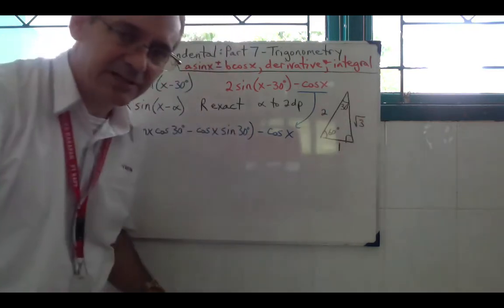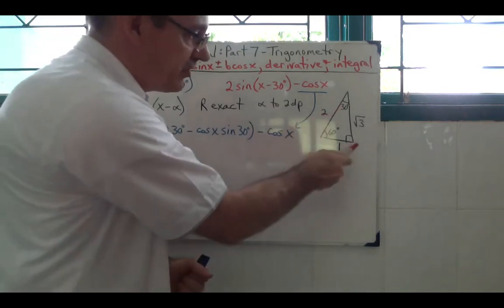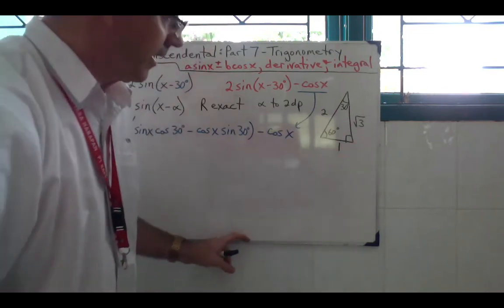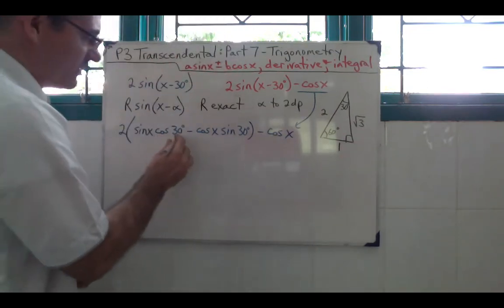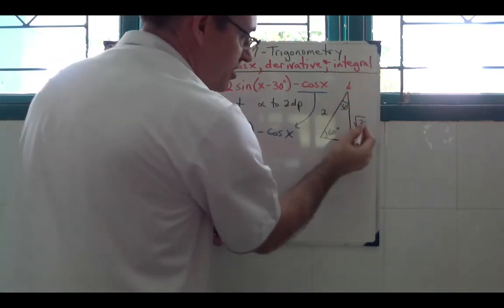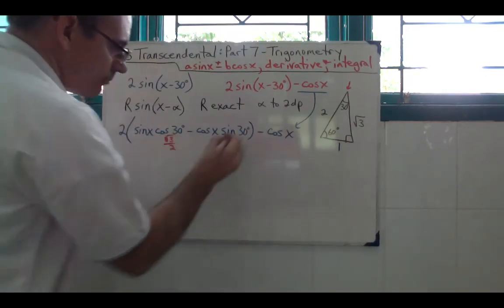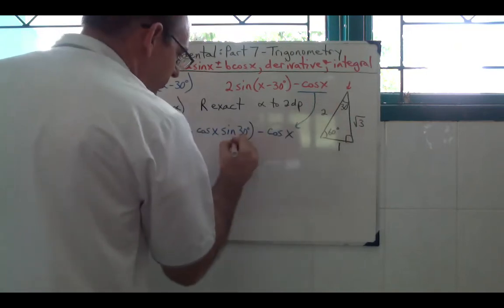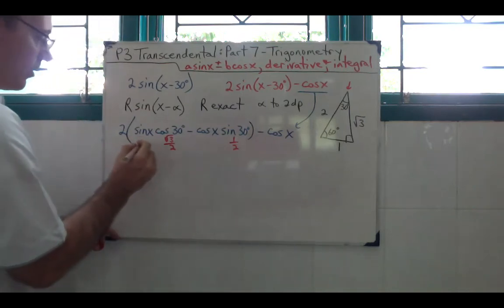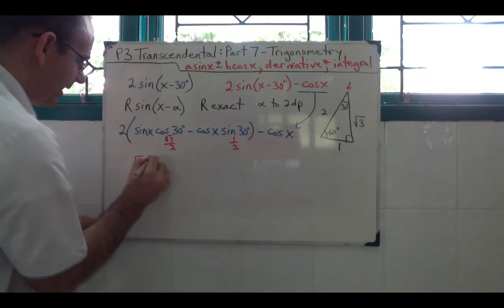Now we can do our exact values. To do exact values for trigonometry, use our special triangle. Here's our 30, 60, 90 right triangle with the ratio of 1, 2, and root 3. So cosine of 30 means we're coming from the 30 degree mark. Adjacent over hypotenuse is root 3 over 2. And sine of 30, opposite over hypotenuse, is 1/2. So when we multiply the 2 through, it cancels out the 2 in the denominator, so we get root 3 sine x.